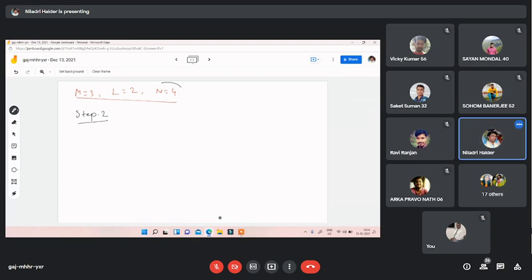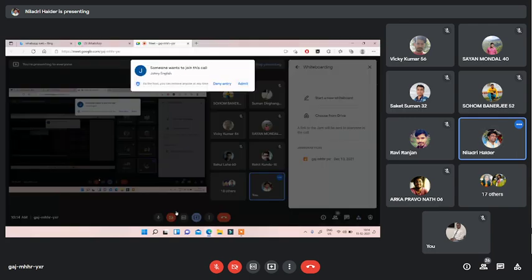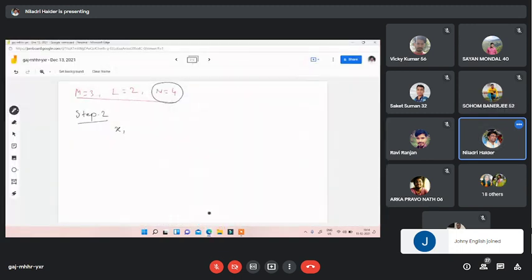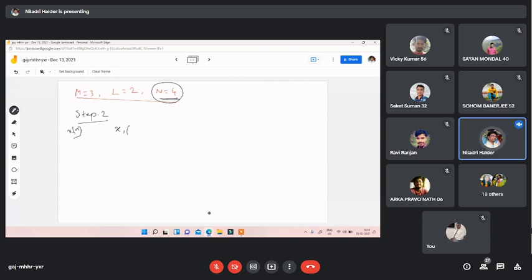As your N is 4, the size of the block is 4, that means if we split the xn into x1n, x2n, x3n like that, the size of each set will be 4. And as L equals 2, that is padded zeros is 2, you have to add 2 zeros in the last 2 positions of each set.